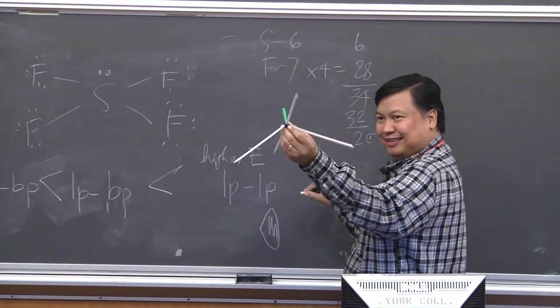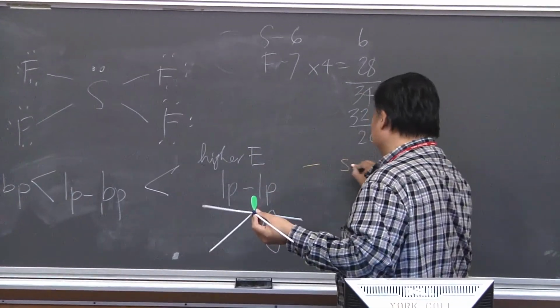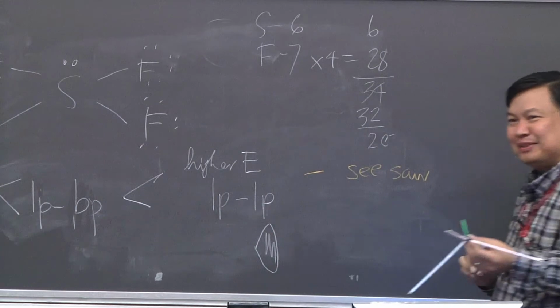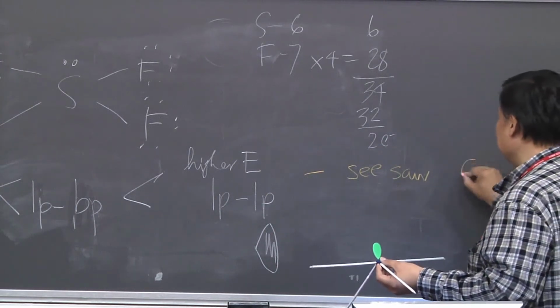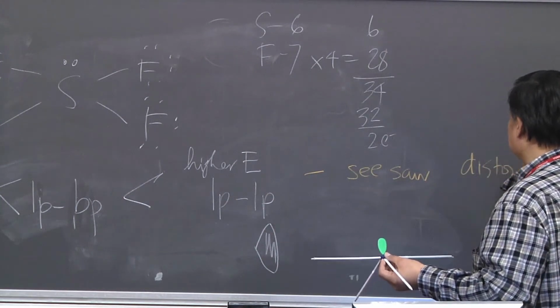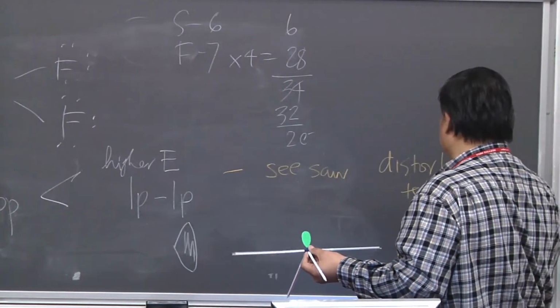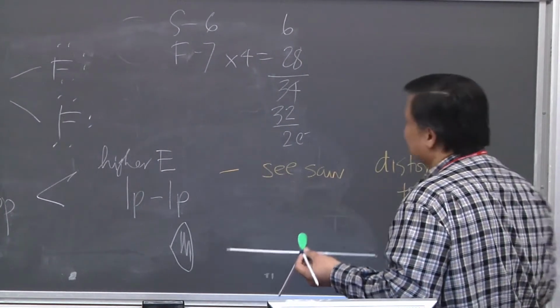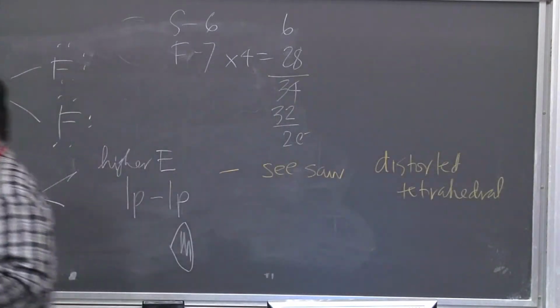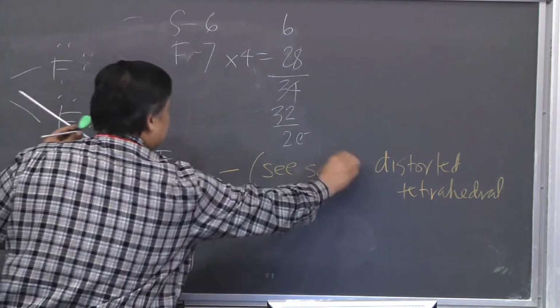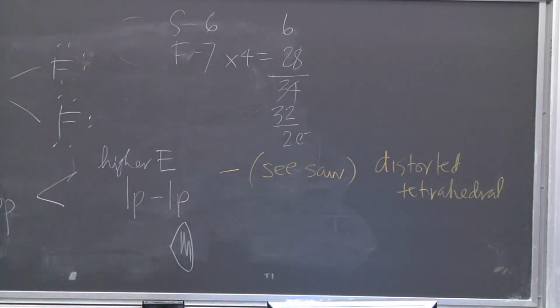The seesaw is the more common name, but it's also called distorted tetrahedral. So it can either be a seesaw or a distorted tetrahedral.